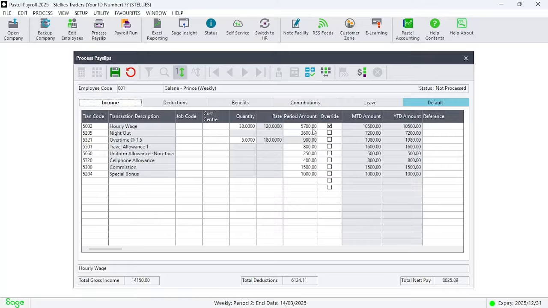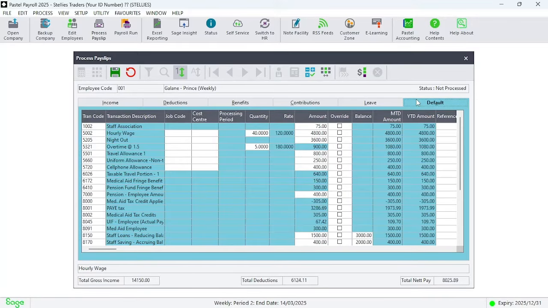But we also had to do a calculation because this rate is incorrect. It went up to 150, and then by default we leave it at 40, and we're then going to look at the overtime of 5 hours.